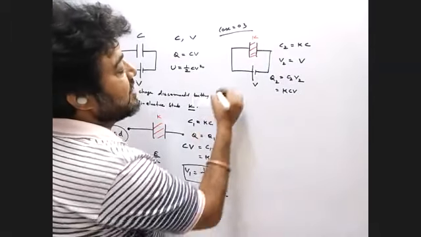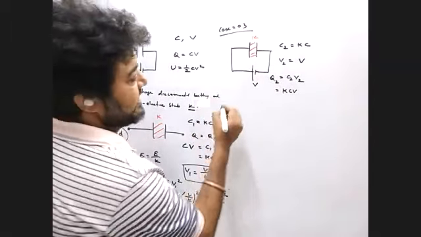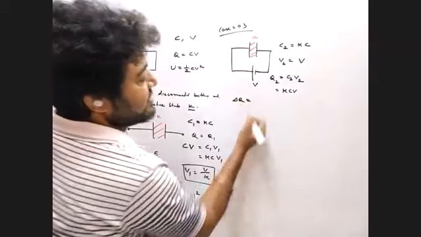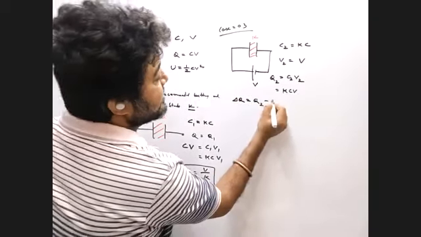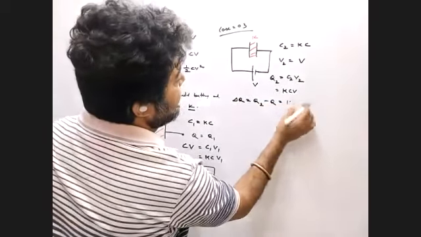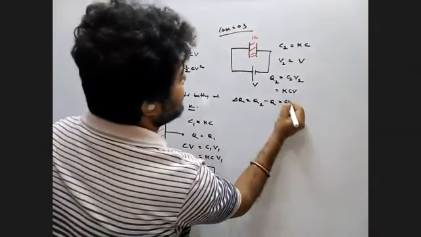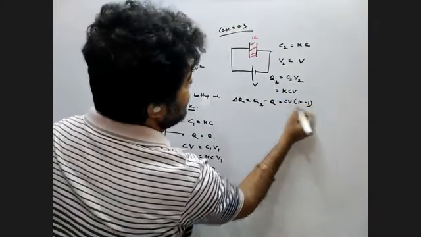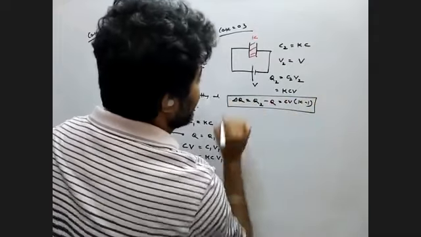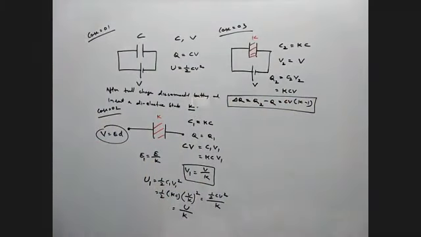They can ask how much new charge is supplied by the battery. So delta Q is the new charge supplied by the battery, that is Q2 minus Q. You can write CV is the previous one, so CV(K minus 1) is the new charge supplied by the battery after inserting the dielectric slab.